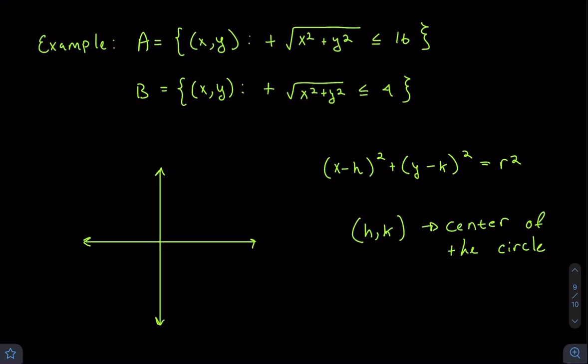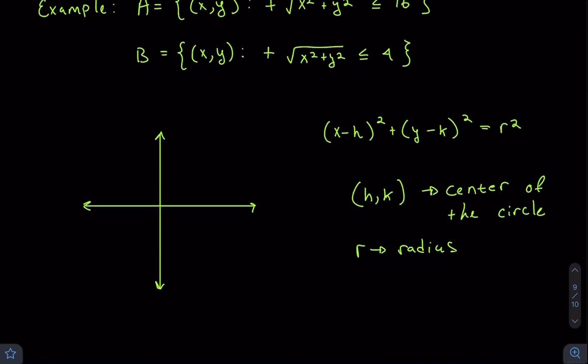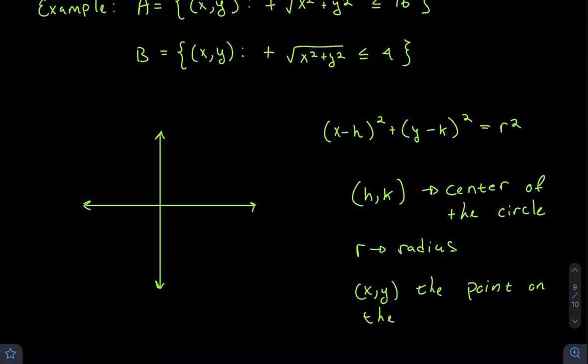So this entire equation represents a circle with radius r. So r is the radius. And (x, y) represents the point on the edge or circumference of the circle.